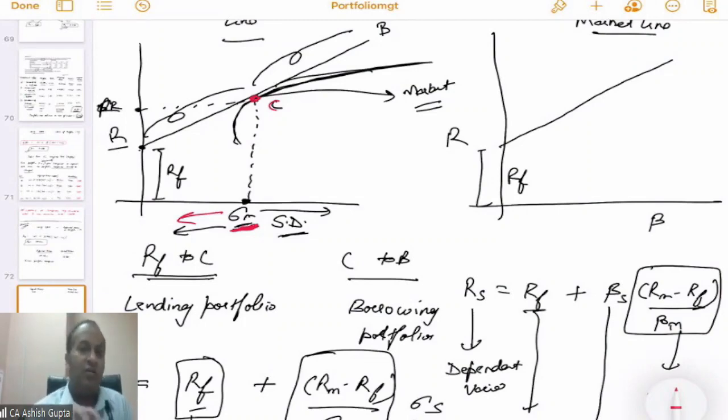I don't think a student needs to cram all these points. If he is very clear about these two lines, he can jot down all the points on his own. So I think the topic of portfolio must be very clear to you because you have explained it in a very elaborate manner, and every concept in great detail.